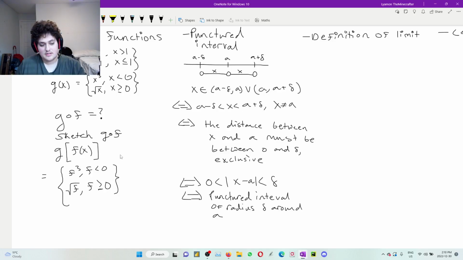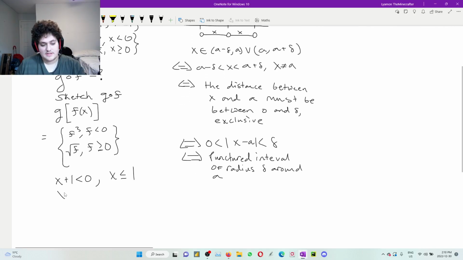So we need to see when is x plus 1 less than 0, and also x has to be less than or equal to 1. So this gives us x less than negative 1, x less than or equal to 1.